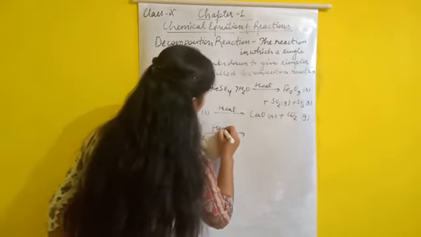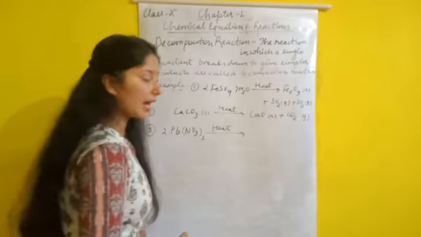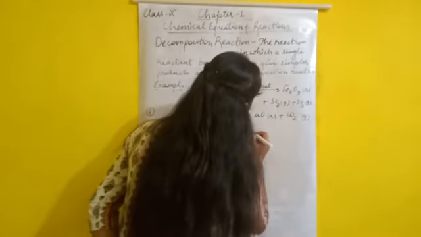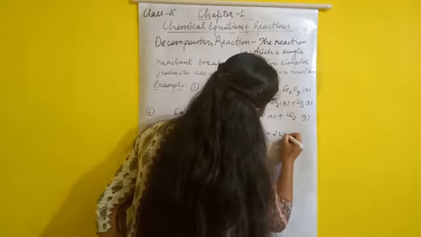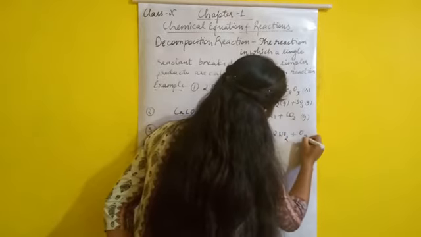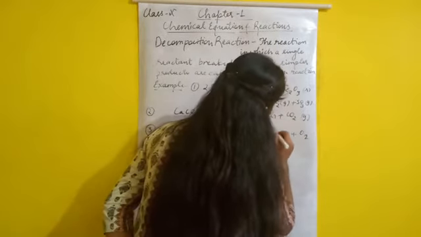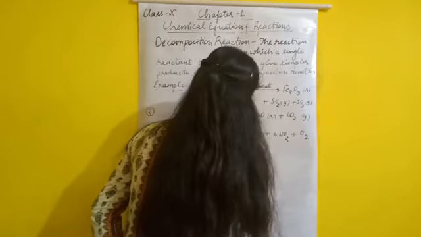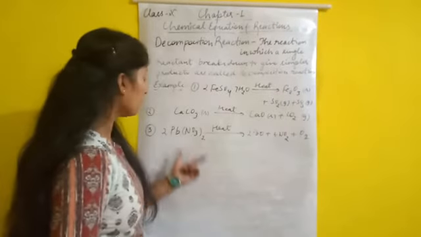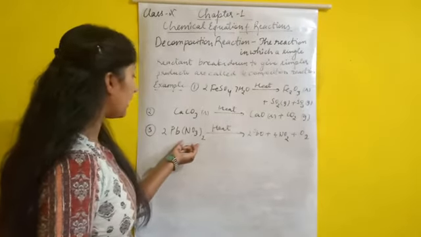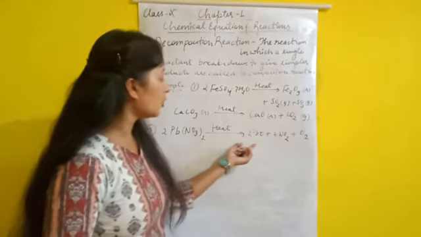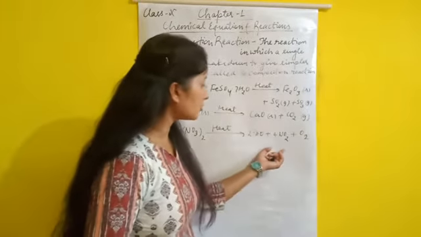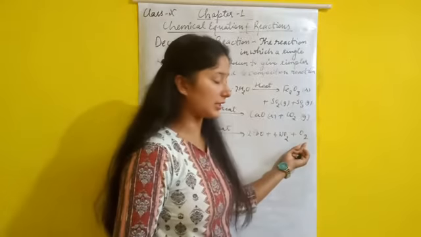In the presence of heat, lead nitrate decomposes to lead oxide, nitrogen dioxide and oxygen. When lead nitrate is heated, it decomposes to lead oxide, nitrogen dioxide and oxygen.